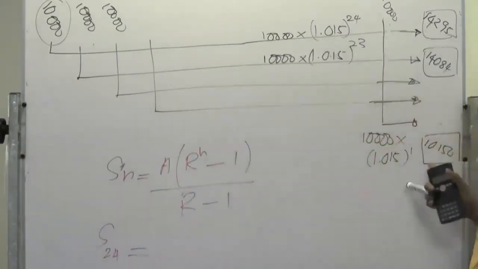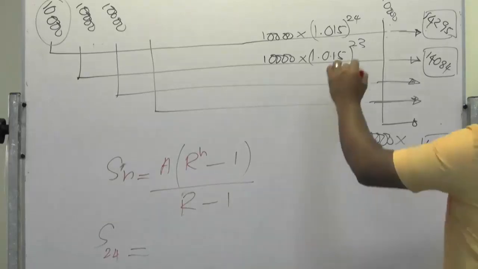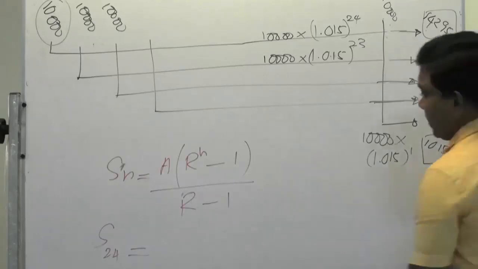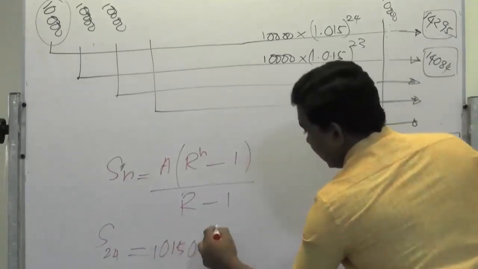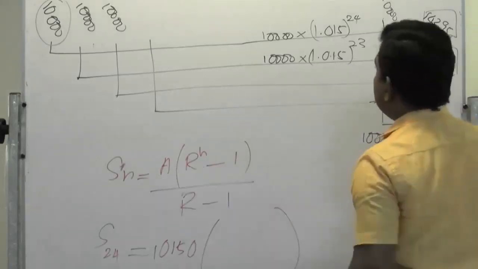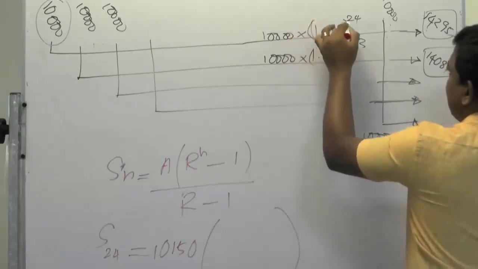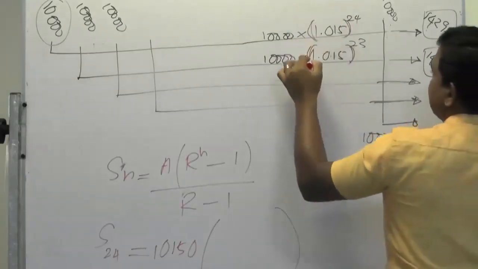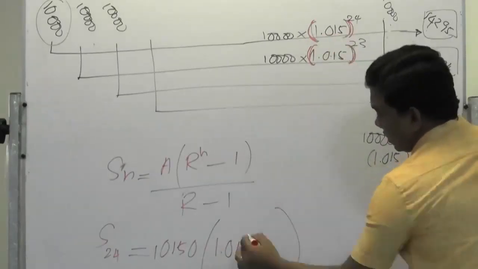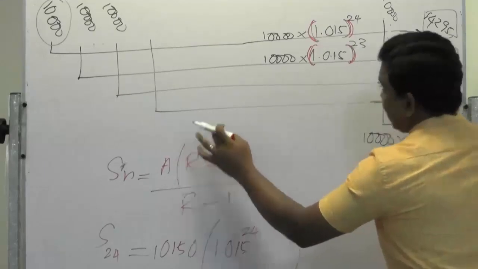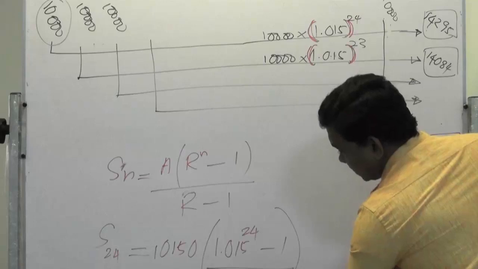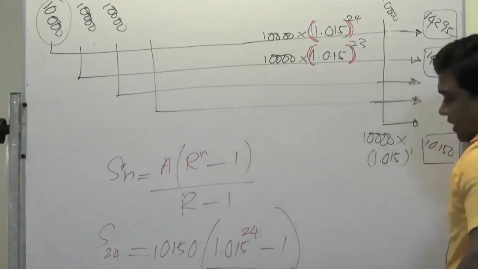A is the first; I have told you to consider the end deposit as the first. Therefore, it will be 10,150. Then R is the discounting factor, 1 plus R, that is 1.015. N is 24 deposits. So 1.015 power 24 minus 1, divided by 1.015 minus 1. Let's see the answer.